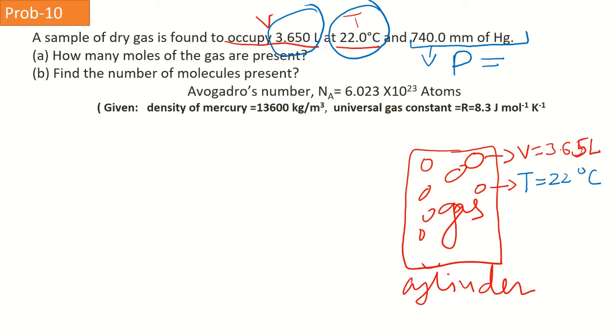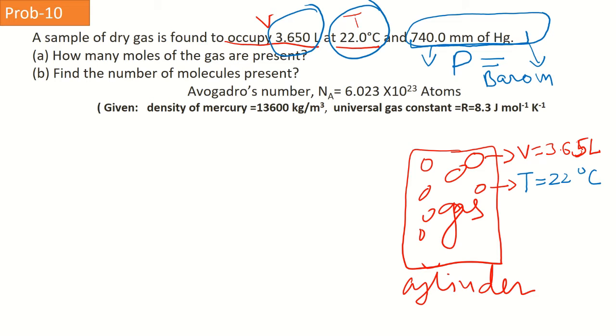It is given in the form of the barometer data. So you have to find this value by using the barometer. So if I have to say what the pressure is, here the pressure given is 740 millimeter of mercury, we say like that.